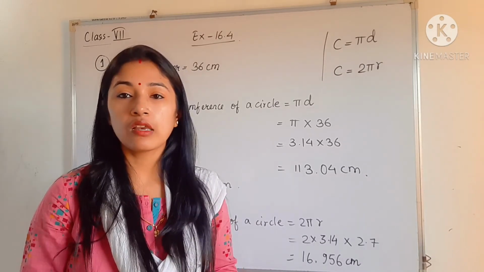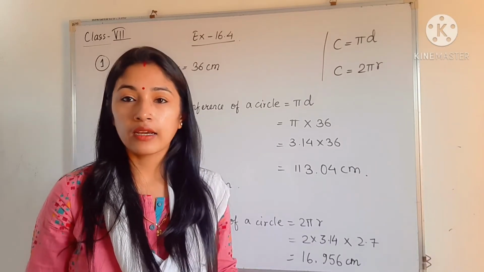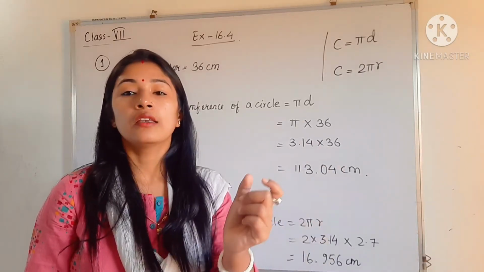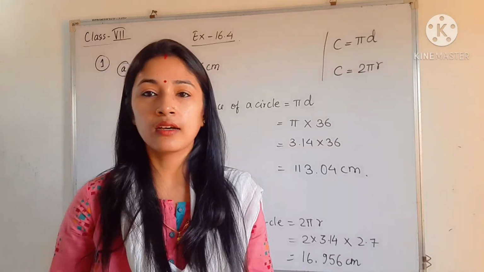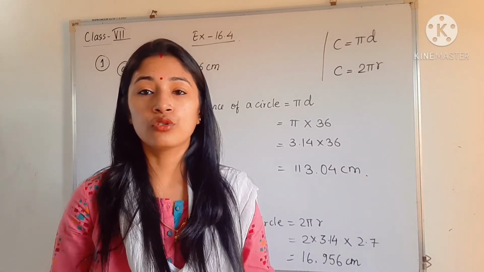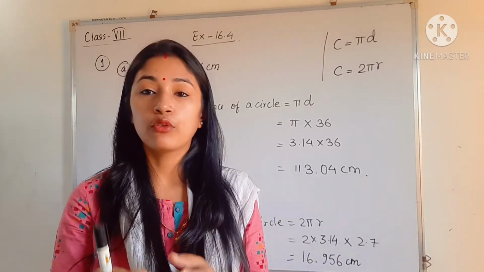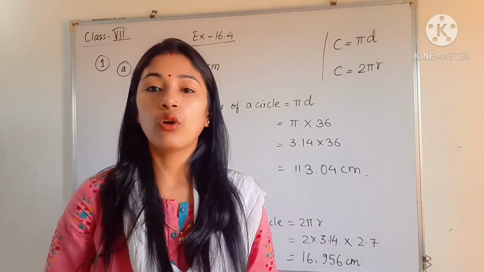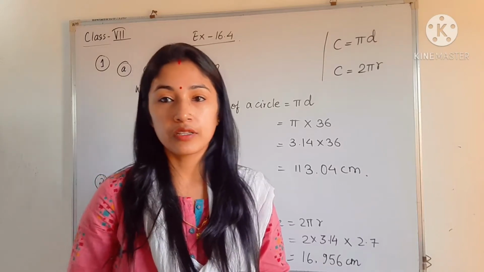Perimeter is generally used for straight-sided objects like rectangle, square, pentagon, and many other closed figures. But if you want to find the perimeter of a circular object, we use the word circumference.